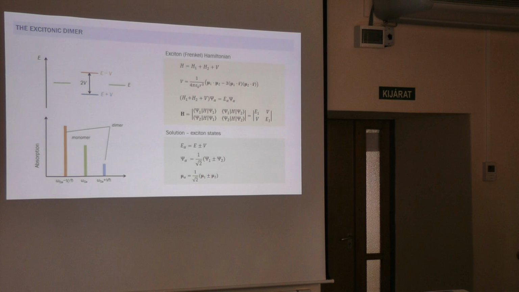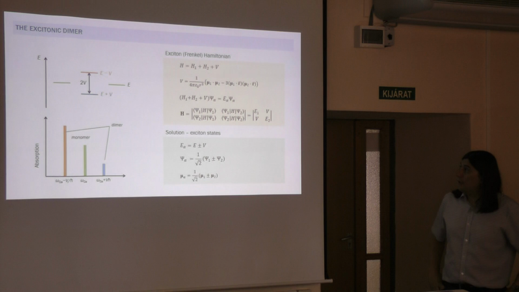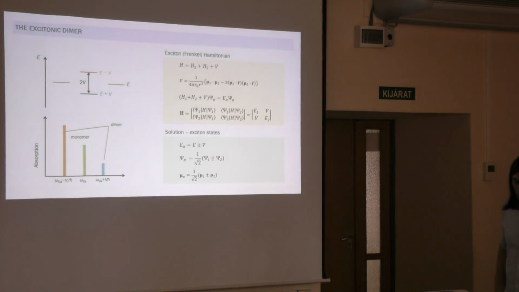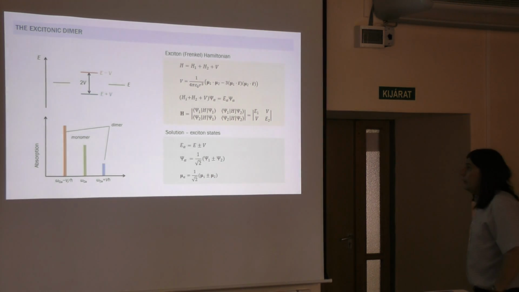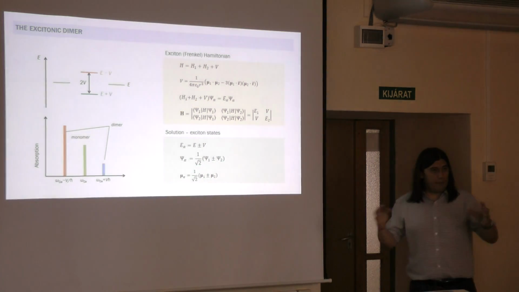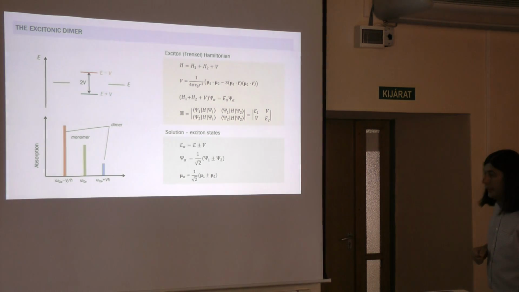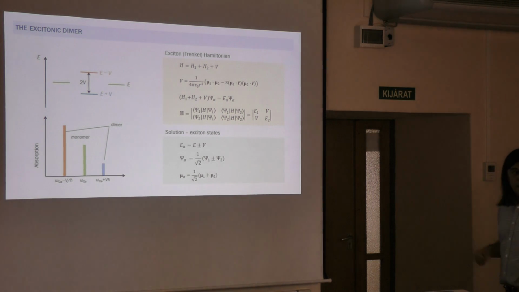And this is called the excitonic interaction. When the coupling is stronger, the energy levels of the new system are no longer eigenstates of the individual molecules, but they are mixed states.